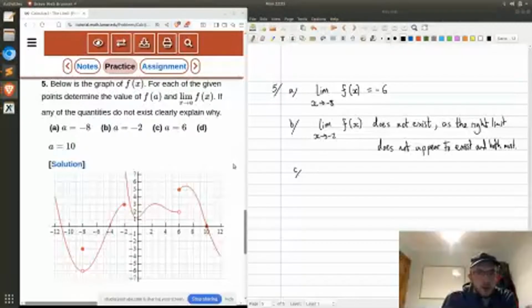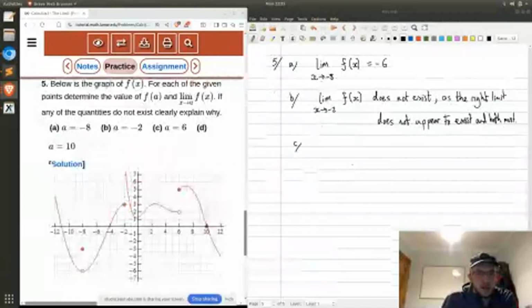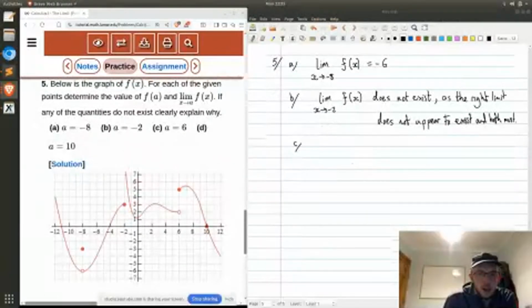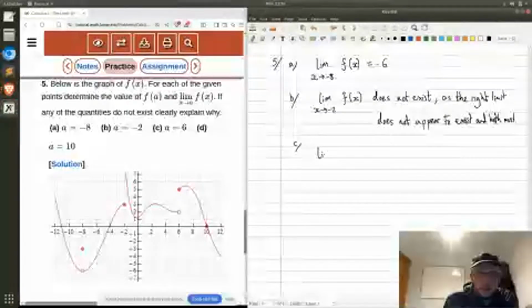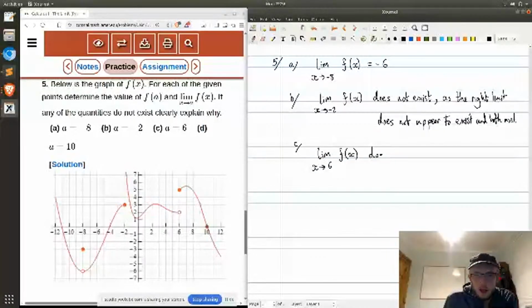Right, so for a equal to 6. The limit does not exist. This limit does not exist as well, because why? Say why.